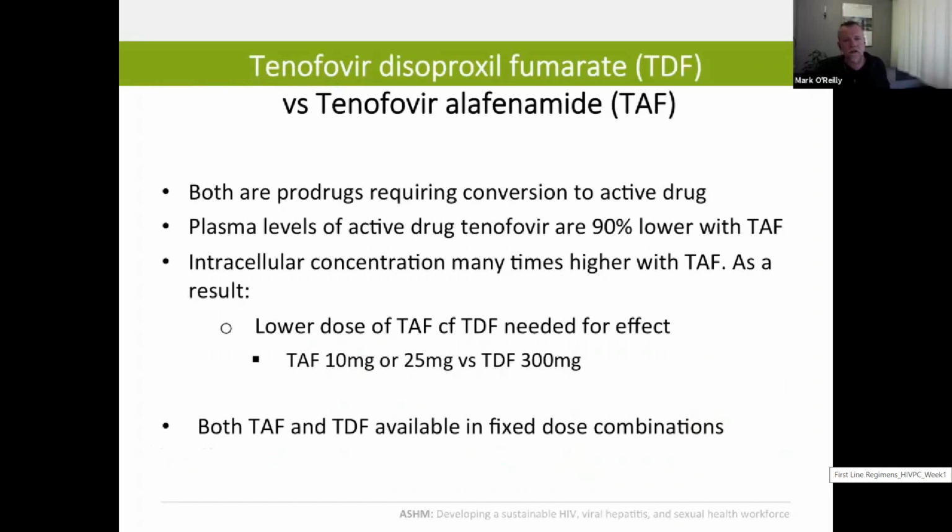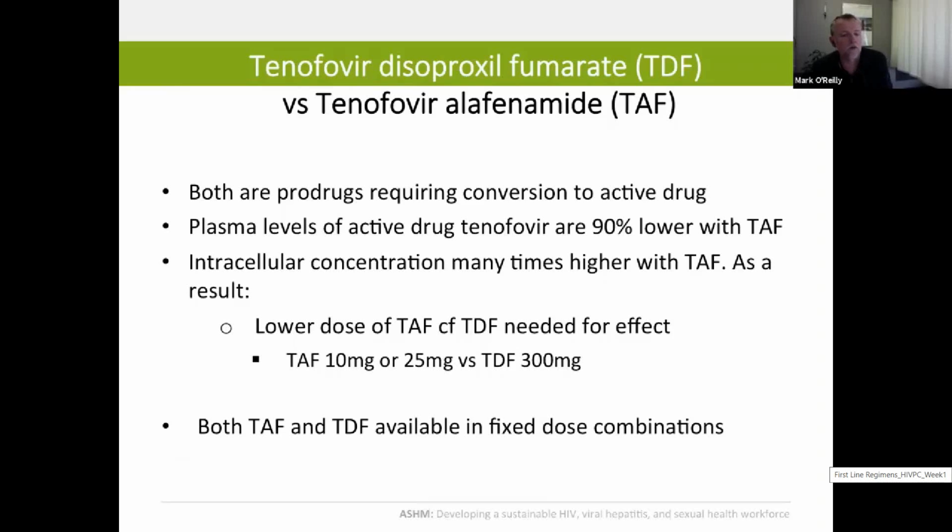So then tenofovir disoproxil fumarate. So the older form of tenofovir versus the new one. What is the difference? They're both prodrugs requiring conversion to the active drug. Plasma levels of the active drug of tenofovir with TAF, the newer form, are 90% lower than they are with TDF, the older form of the salt of the drug. But the intracellular concentration with TAF is many times higher than with TDF.